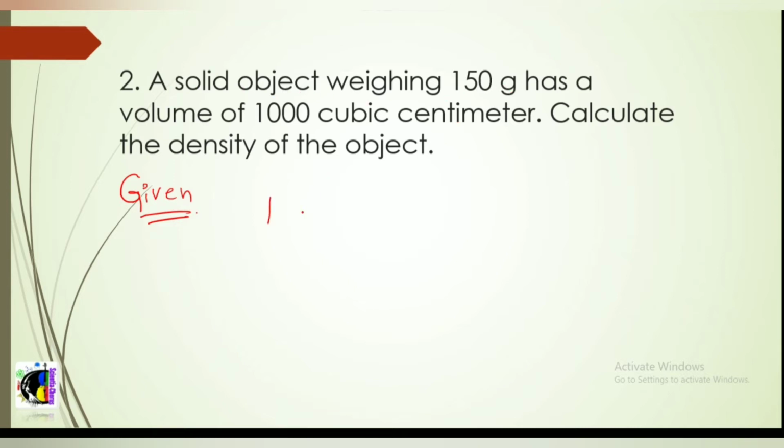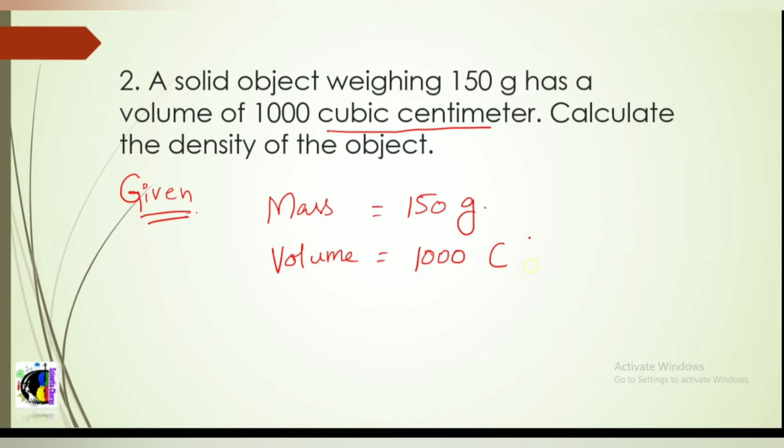So this is the mass of the solid object, which is nothing but 150 gram, and its volume is 1000 cubic centimeter. This cubic centimeter, I can write as centimeter power 3, that is centimeter cube.